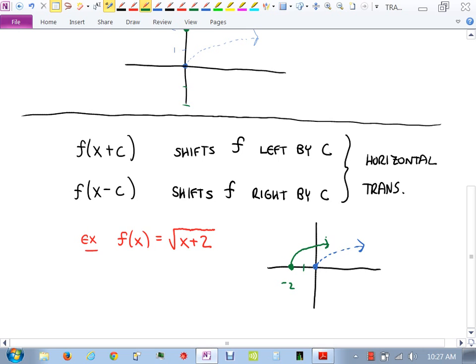So I grabbed the point that I know and I moved it to the left 2. Do y'all agree? Another example.